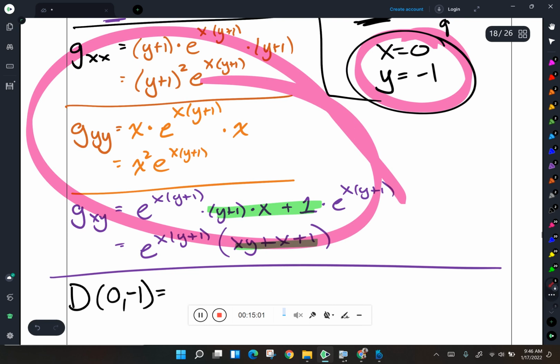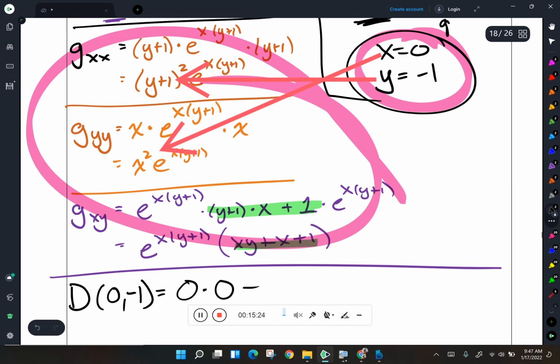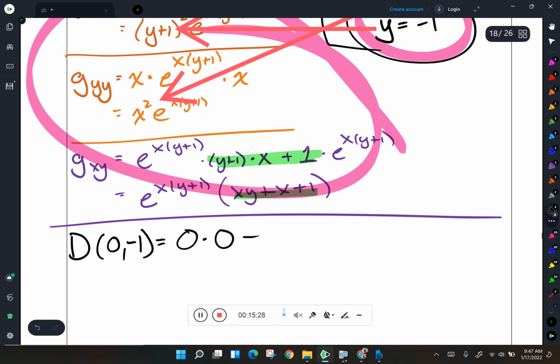I'm looking ahead. When I put that there, is that going to make that 0? And then the 0 times e to the x is just going to be 0. So g sub xx is going to be 0. All right, times g sub yy. Well, when I put that there, is that going to make that thing 0? Minus g sub xy squared.